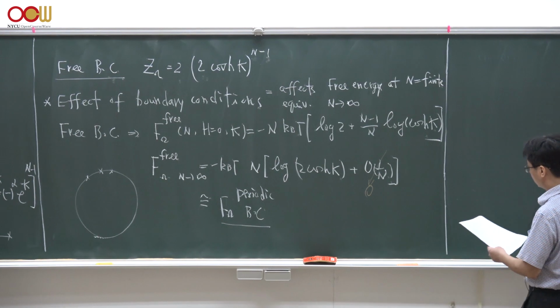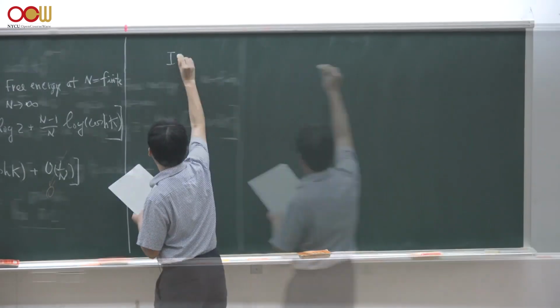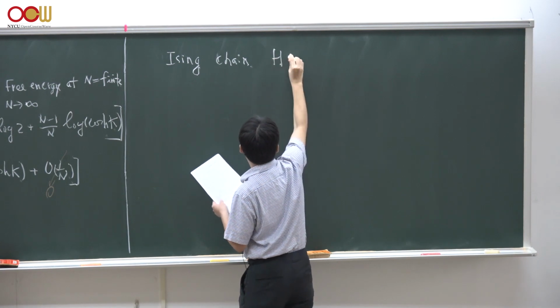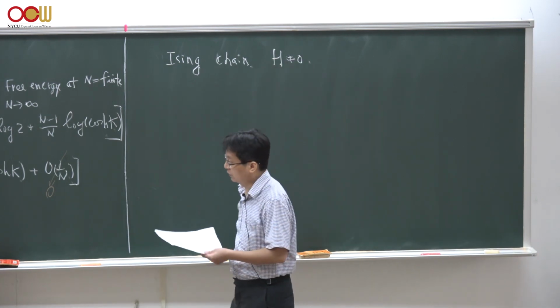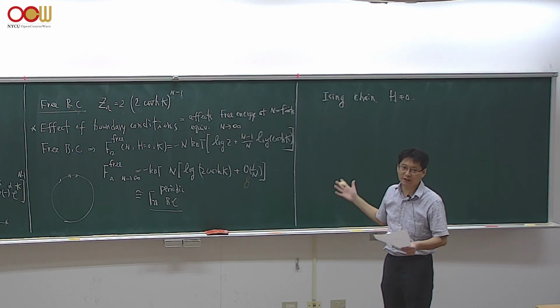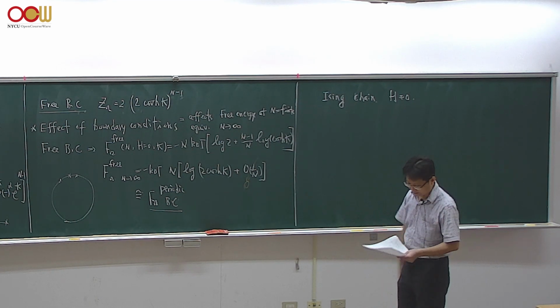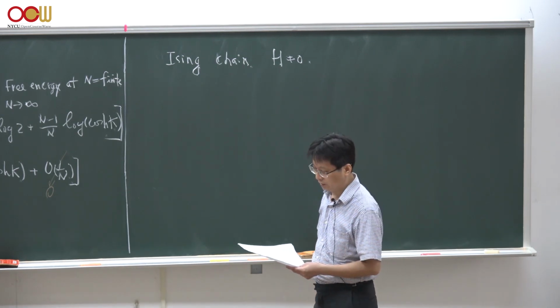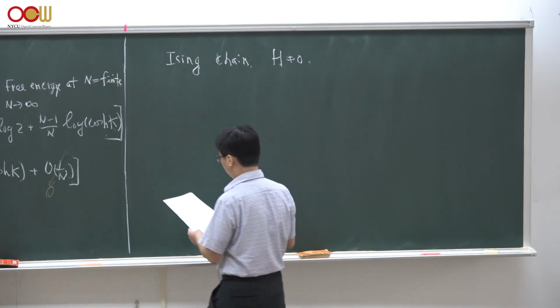So now let's turn our attention to the partition function of an Ising chain when the field is turned on. When the field is turned on, the calculation of the partition function is not as easy or trivial as what I just did, because you get a linear term in the field and the spins in the partition function.